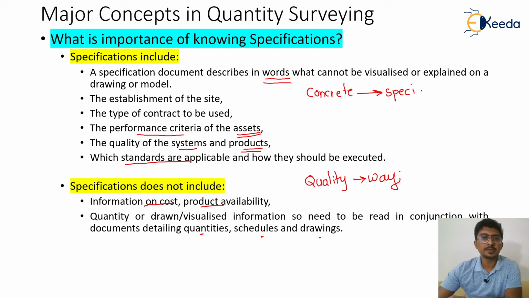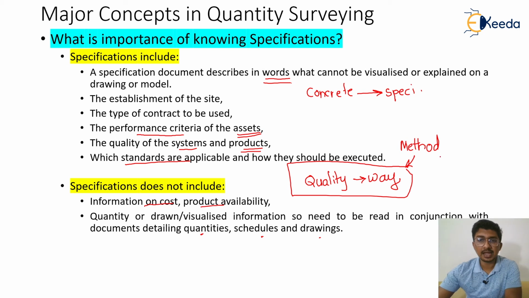You need to know these two well before starting out and taking out the quantities. To take out the quantity, you just need to know the methodology, which is explained in the specification. With the help of this methodology and the available drawings, you calculate the quantity and execute the works. Getting it?